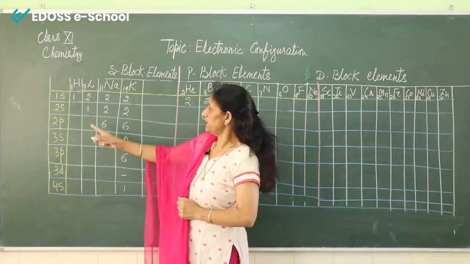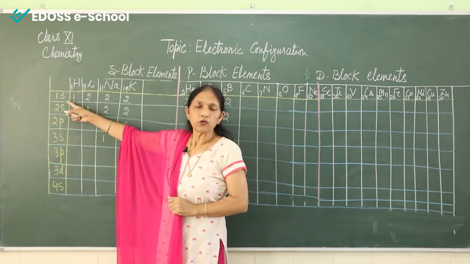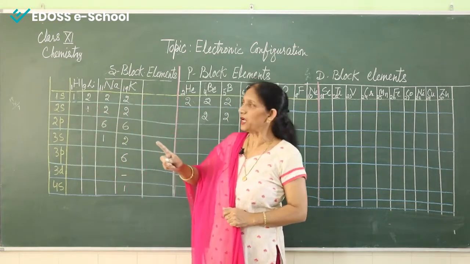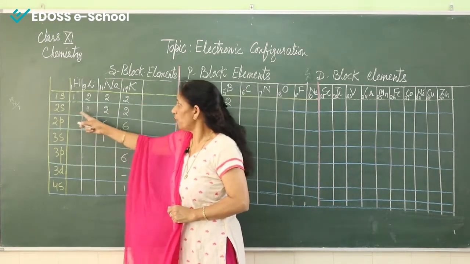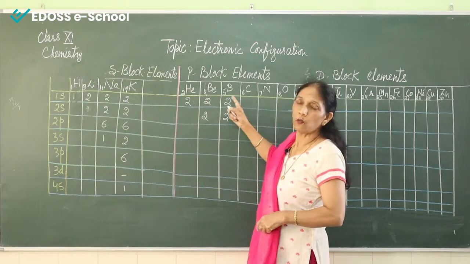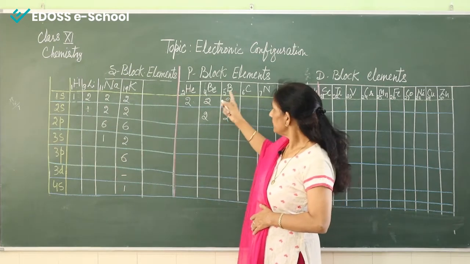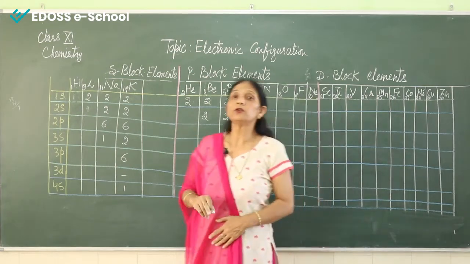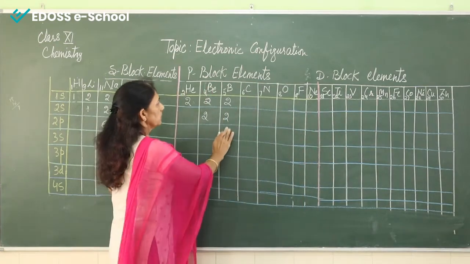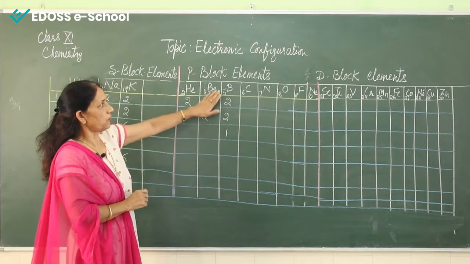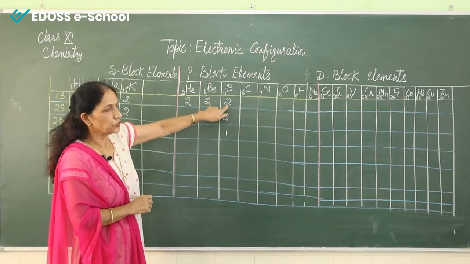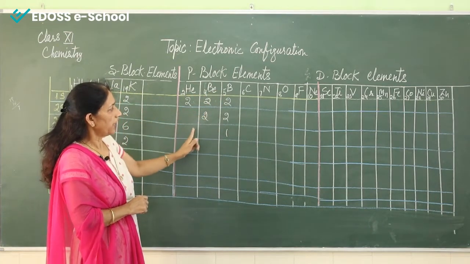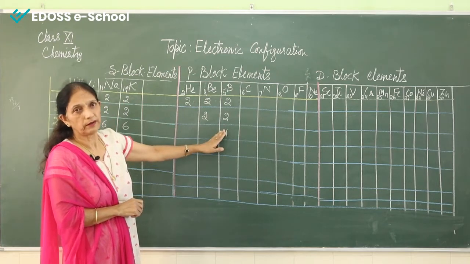S can accommodate only 2 electrons, so 4 electrons are accommodated in 1s and 2s, and the 5th electron will move in 2p. So this is the configuration of boron: 1s2, 2s2 and 2p1.